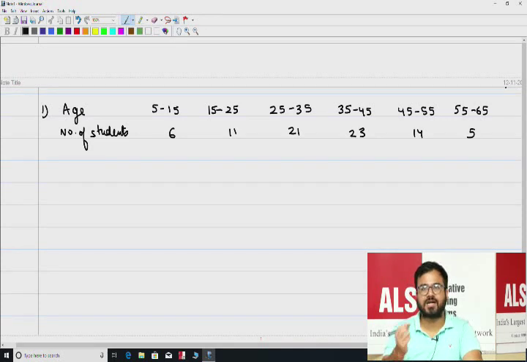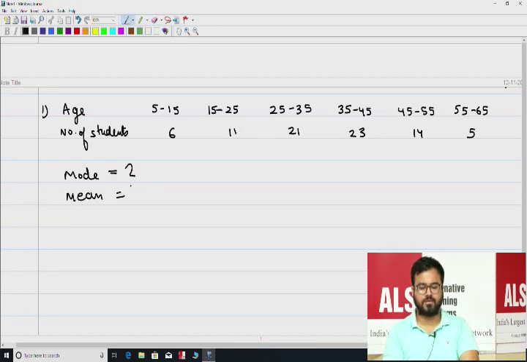Okay. So before starting the graph one, first of all do this one. Age of persons are given in this bracket, 5 to 15, 15 to 25, and the number of students are given over here. So you have to find two things over here. Find mode as well as mean. Solve for 2.